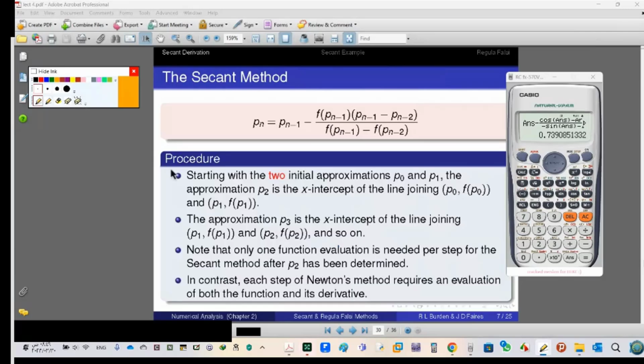First of all, I will write the formula for my friend Newton.